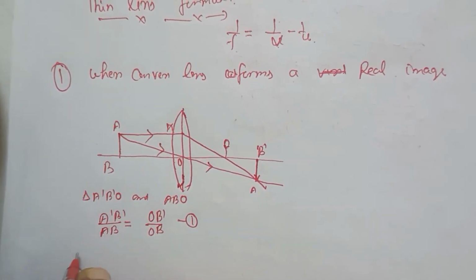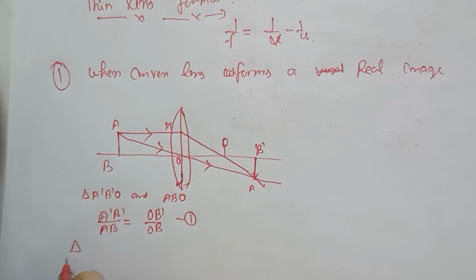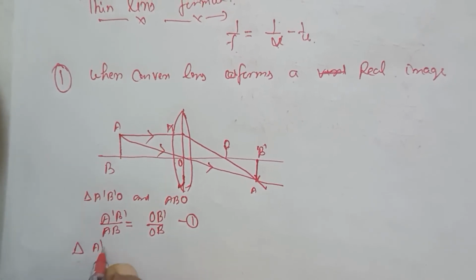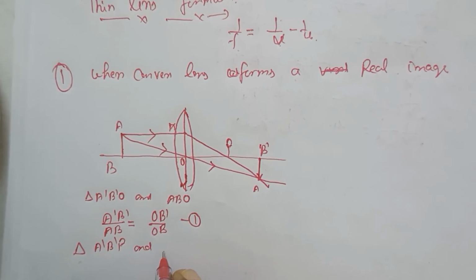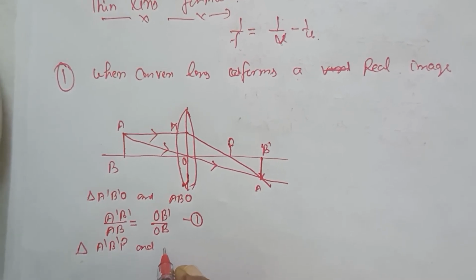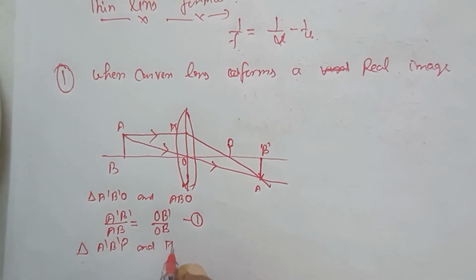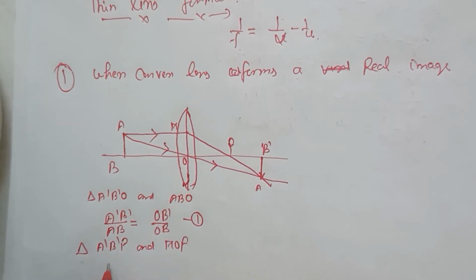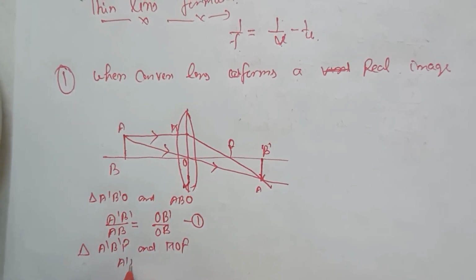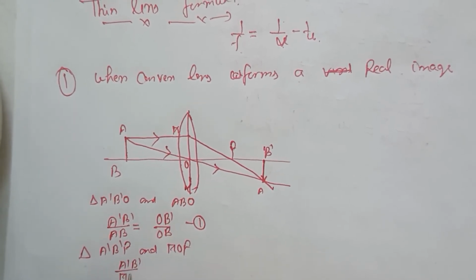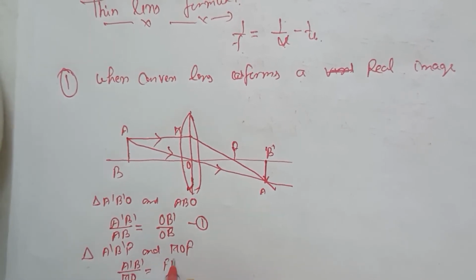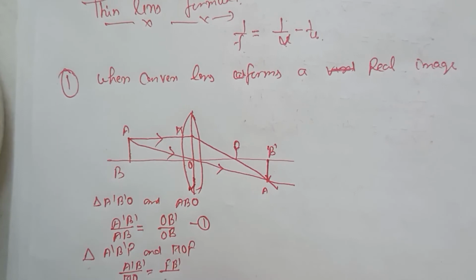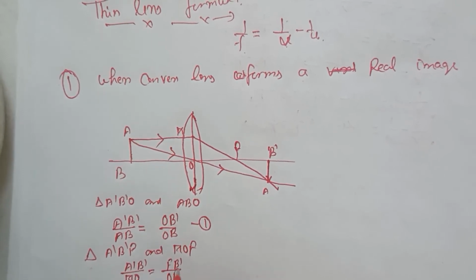Again taking similar triangles A dash B dash F and triangle MOF, now again taking the ratio, A dash B dash divided by MO equals FB dash divided by OF.